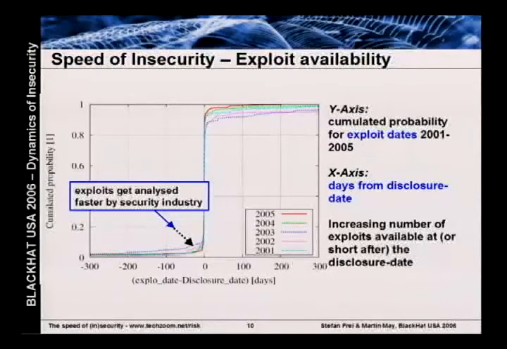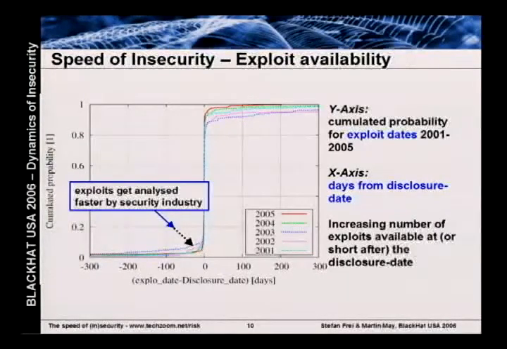And vertically, we see the cumulative probability. This is what we call the speed of insecurity: how fast are exploits made available. We compare it to the disclosure date of the vulnerability, because upon the disclosure, the public and potentially every user of the software has the same information as everybody else.